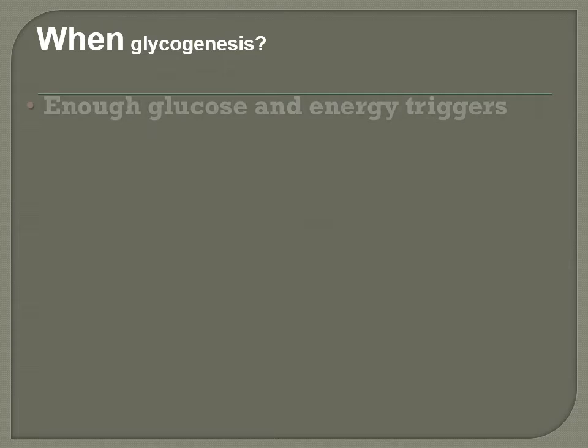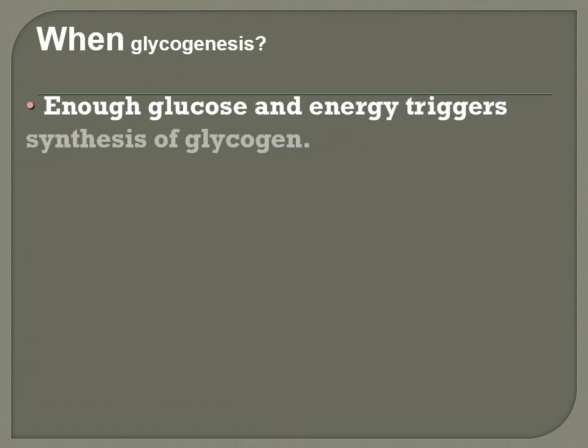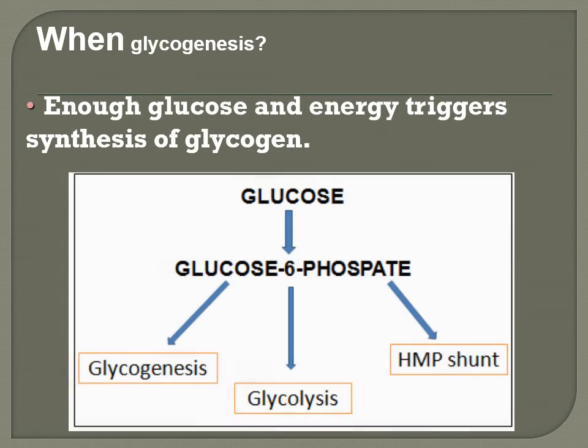Okay, now let us know when glycogenesis, or the synthesis of glycogen, takes place. It is when enough glucose and energy are available in the cell that the synthesis of glycogen is triggered. So here you can see glucose, once it enters the cell, either a liver cell or other cells, by specific transporters, is immediately phosphorylated to prevent its diffusion outside the cell.